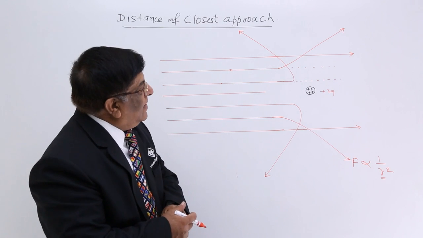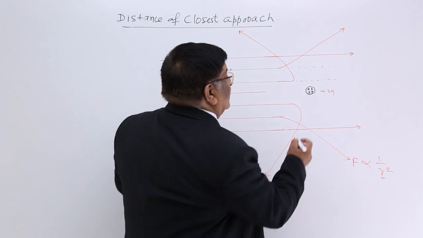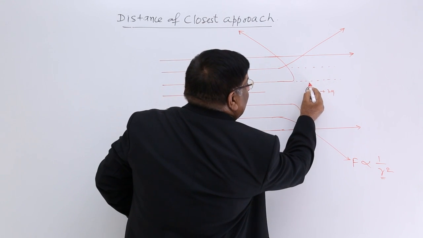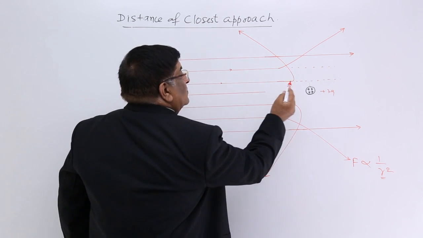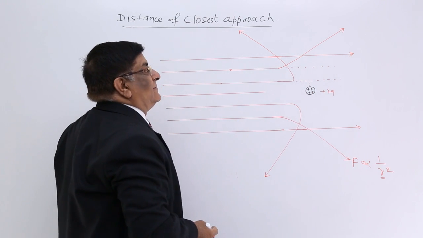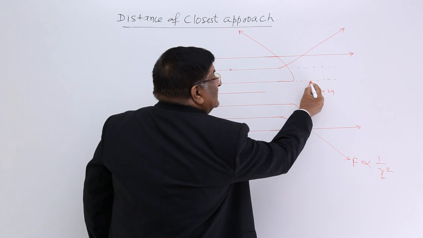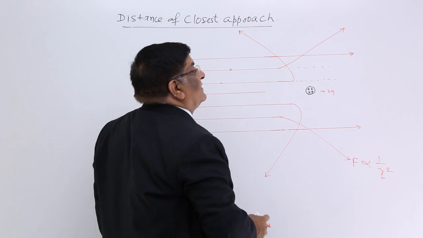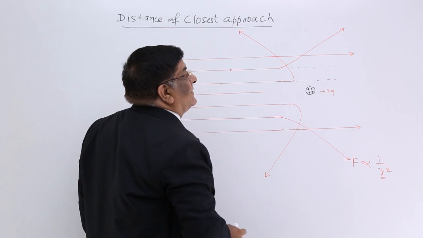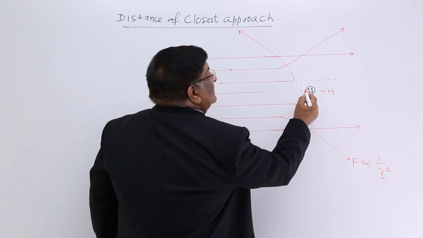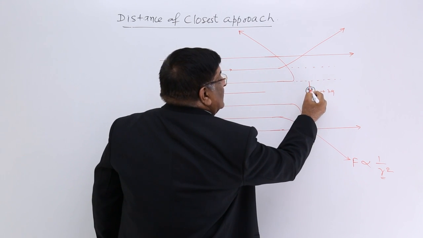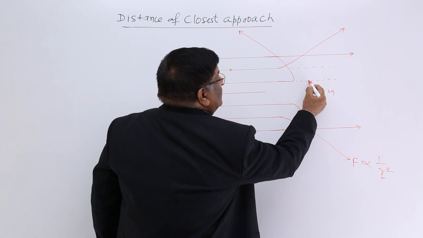Now, there is this distance which is affecting it. If it is going to make an impact with this, this is the distance. This distance is called the parameter of impact or impact parameter. From this point to this point.